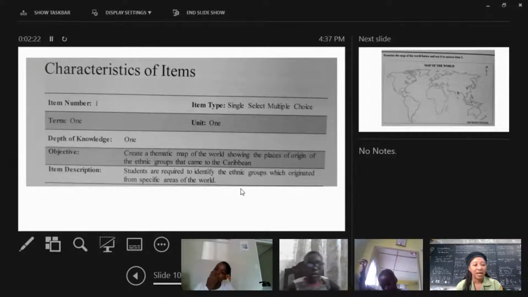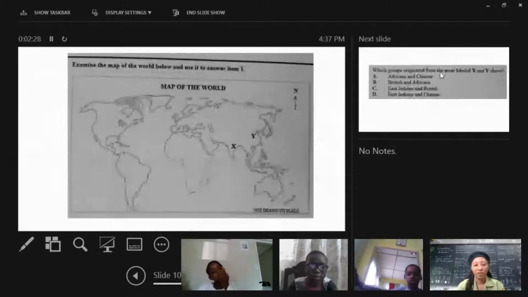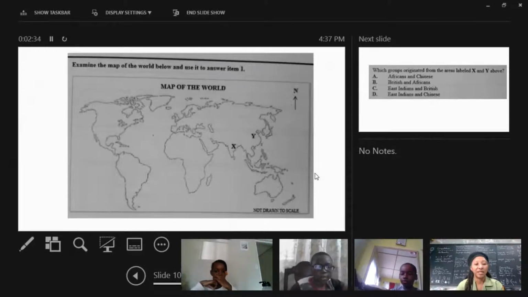Students are required to identify the ethnic groups which originated from specific areas of the world. And we're to examine the map of the world below and use it to answer item 1. So here we have X right here, and we have Y right there.